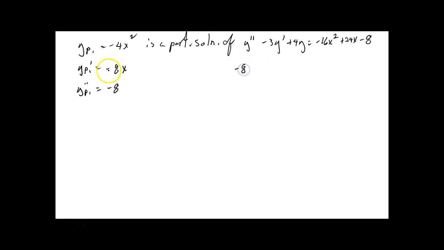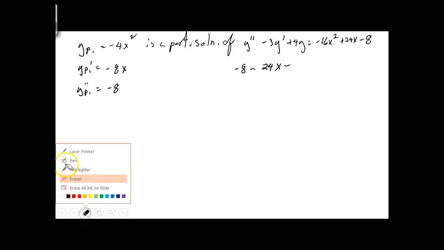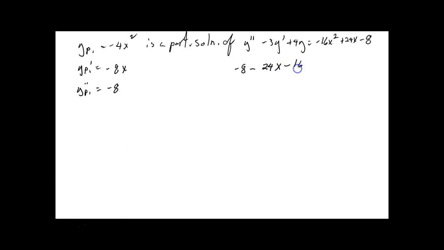Minus 8, that's yp1 double prime, minus 3 times y prime, and that would be 3 times minus 8x, plus 4 times y, that would be a plus 4 times a minus 4x squared, that would be a minus 16x squared.